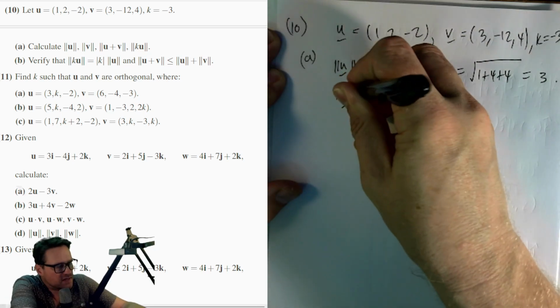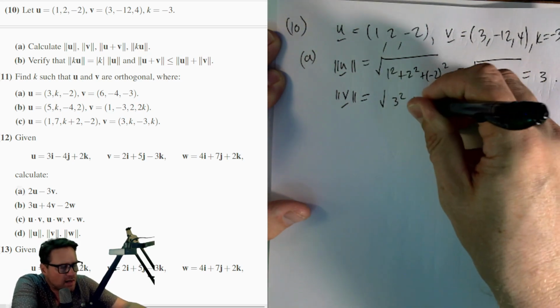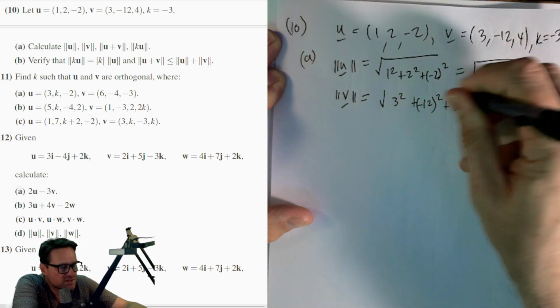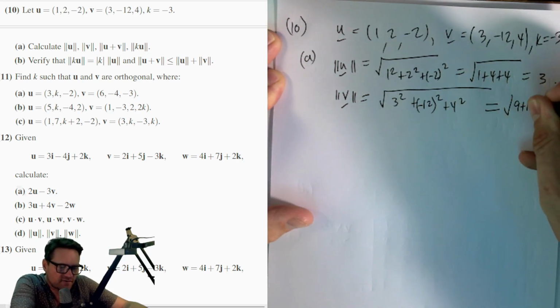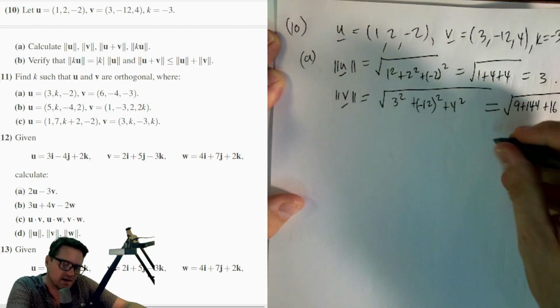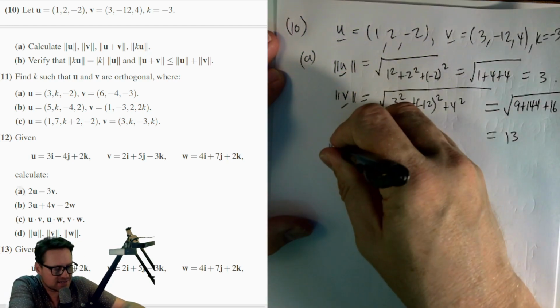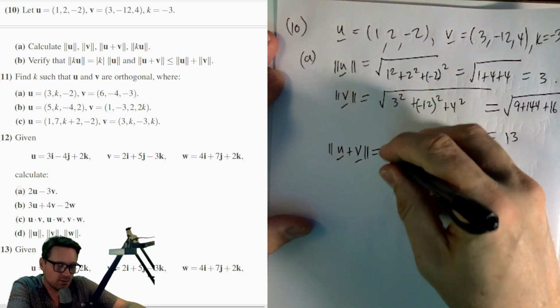Now the norm of v is the square root of 3 squared plus minus 12 squared plus 4 squared. So we have the square root of 9 plus 144 plus 16. So that's the square root of 169, which is 13. Okay, now let's take the norm of the sum of u and v. So first we need to add u and v.